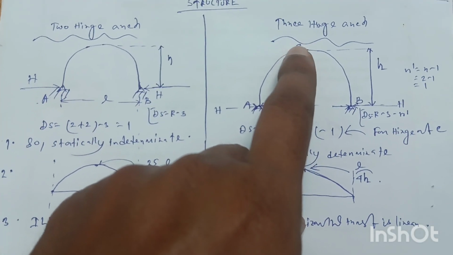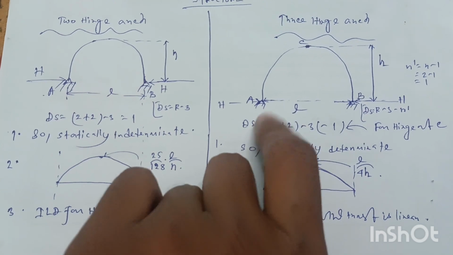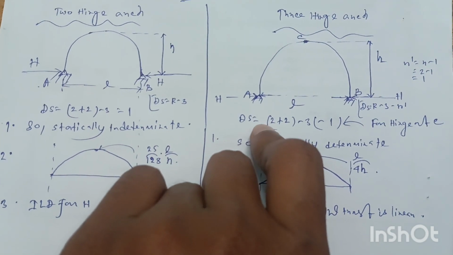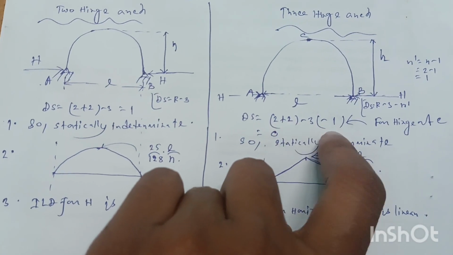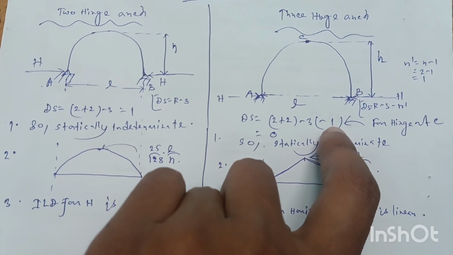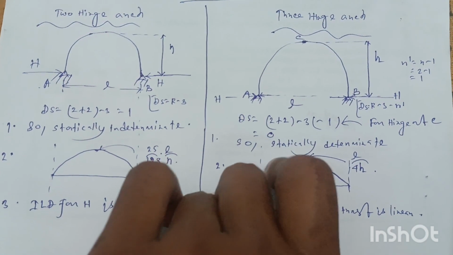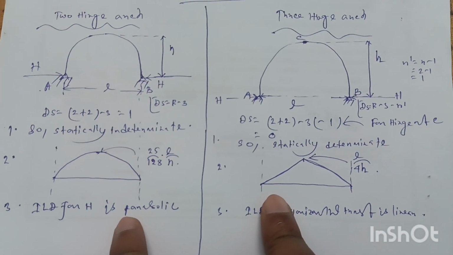So 2 minus 1, r dash equal to 1. So degree of static indeterminacy will be Ds equal to r minus 3 minus r dash. So 2 plus 2 minus 3 minus 1 for the internal hinge. So Ds will be equal to 0. So 3-hinge arch is a statically determinate structure.